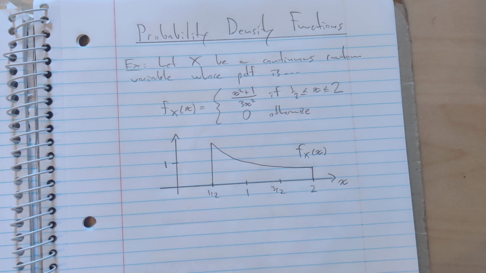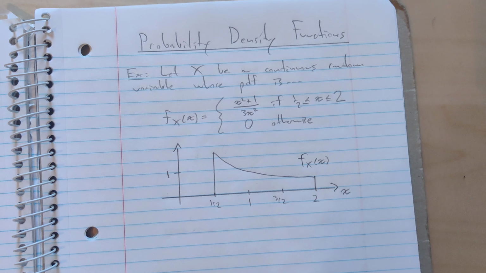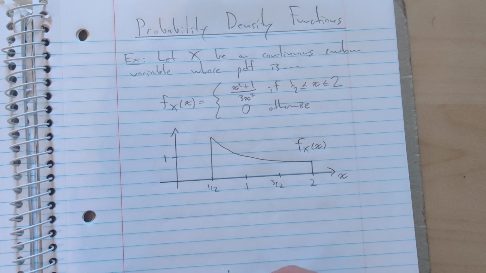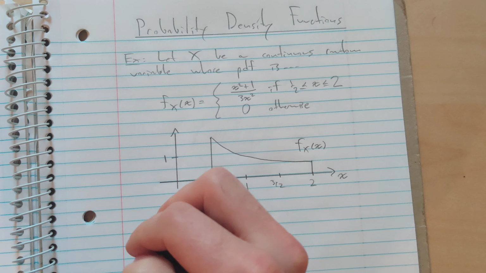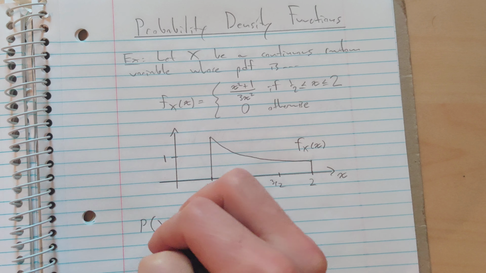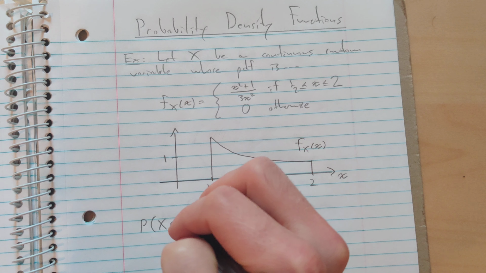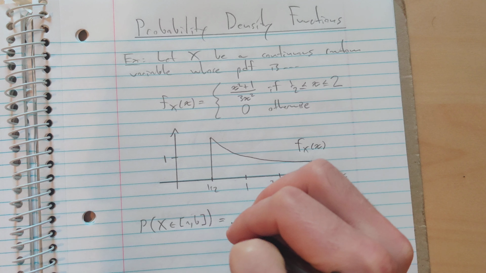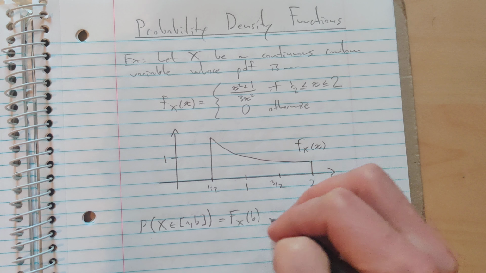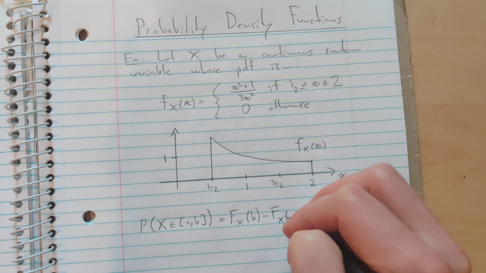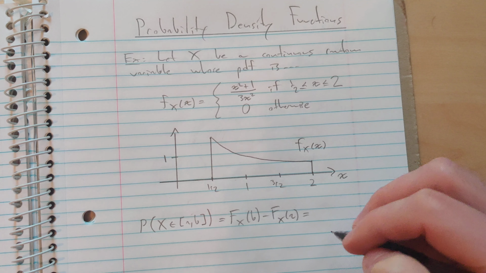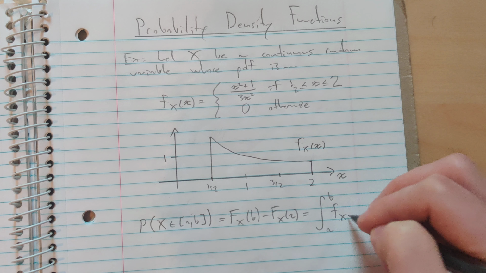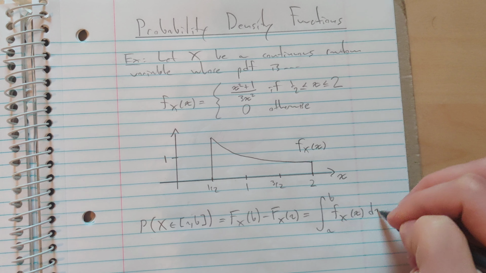Okay. So remember, this probability density function describes the distribution of our random variable. And the key idea here is that the probability our random variable is in any interval, say [a, b], you can get by plugging those two numbers, a and b, into the CDF and subtracting, or by integrating the PDF over that interval.